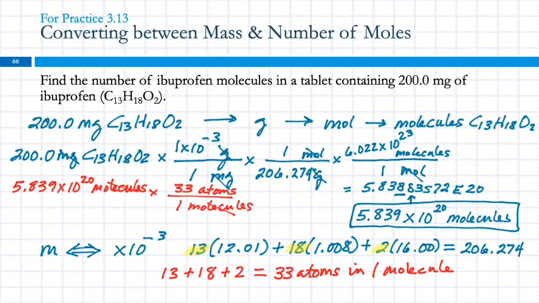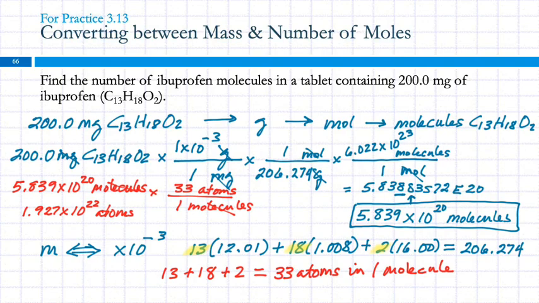So if we want to figure that out, I've got the unrounded number in my calculator, so I'm just going to multiply by 33. And this is going to end up still with 4 sig figs: 1.927 times 10 to the 22 atoms. How many sig figs does this 33 have?